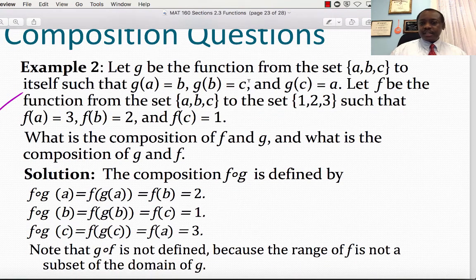So let g be the function on A, B, C defined as g of a equals b, g of b equals c, g of c equals a, and f is the function on A, B, C with f of a is 3, f of b is 2, f of c is 1. So we can define f composed with g. f composed with g of a will be f of g of a, but what is g of a? g of a is b. What is f of b? 2, and so on and so forth.